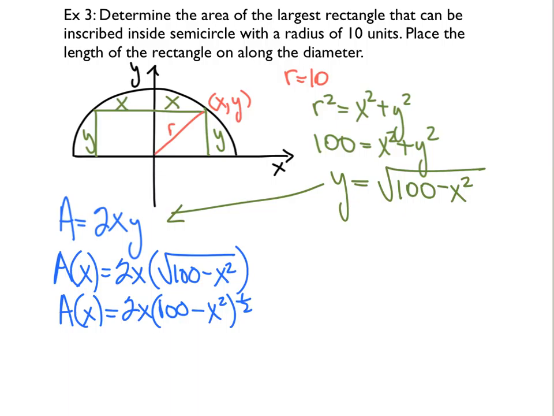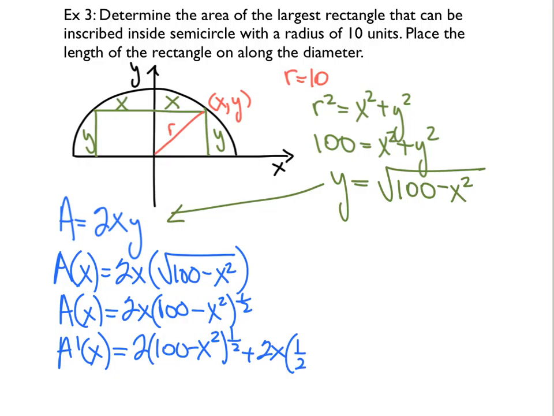So now we want to use the product rule, because we have two functions here. So to take the derivative, you're going to get 2 times, this is like your g of x, plus 2x times half, 100 minus x squared to the negative half, times negative 2x.